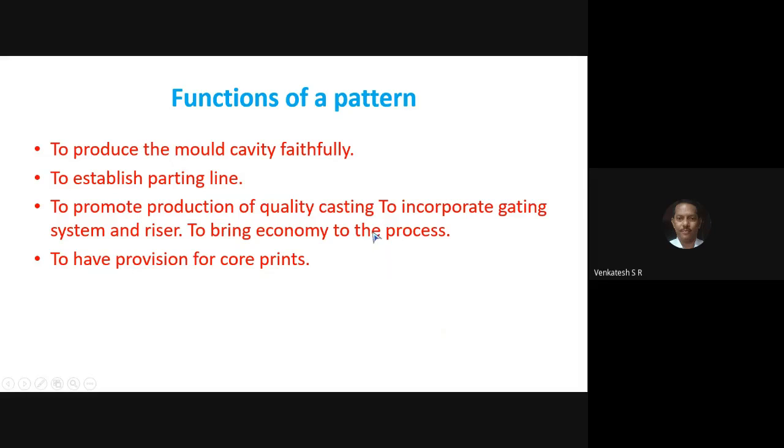Now, please all of you write down one by one. First, write down the title in uppercase letters, functions of a pattern.